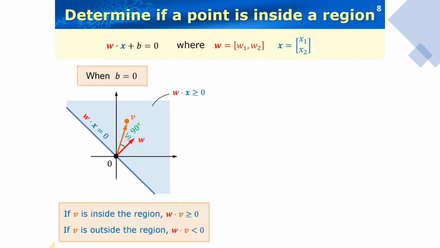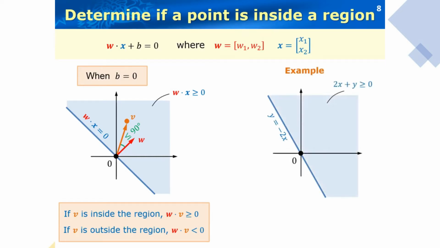Using the above result, let's take an example. Given the line y is equal to minus 2x, the positive region is above this line, shown in light blue color. Given a point v equal to (1, 3), to determine whether v is inside the blue region, we first rewrite the equation into standard form.